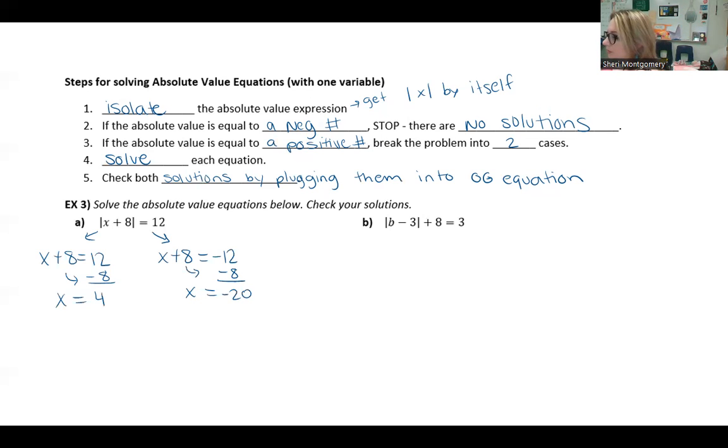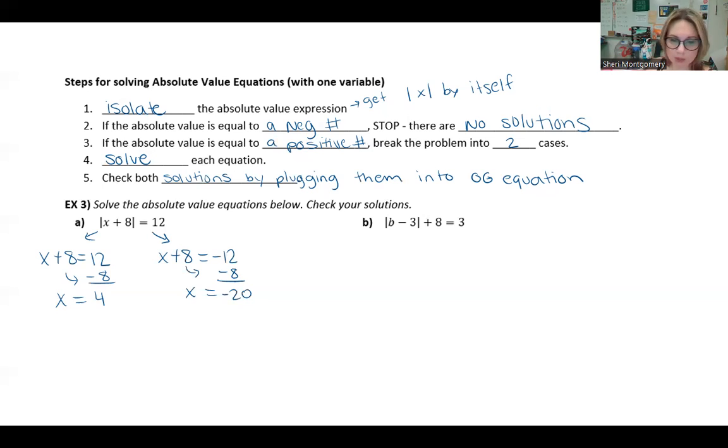What do we do with our 2 answers? Check them. Good job, Devin. We check them, and this is really important. So I'm going to go through and check these.